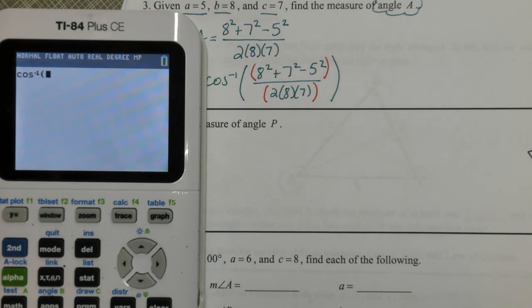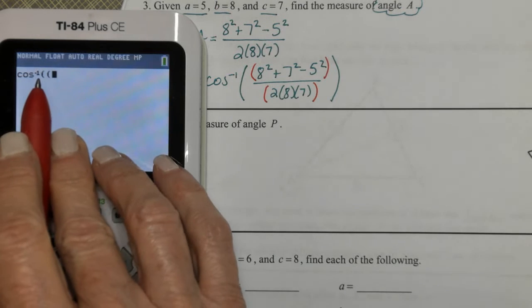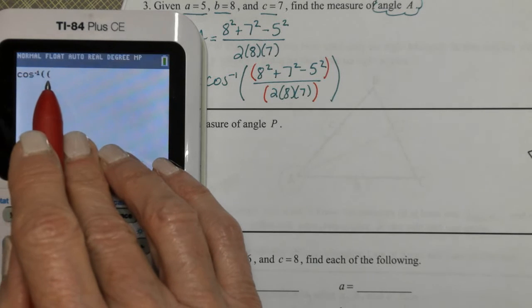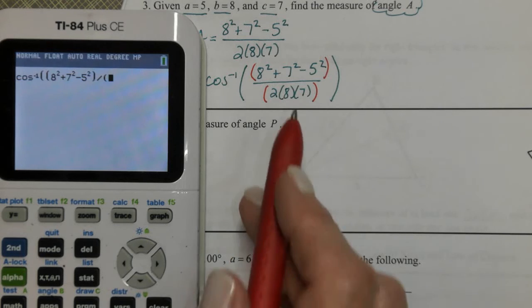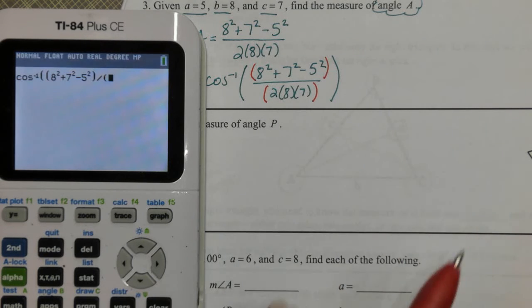So cosine inverse, and I'm going to insert another parentheses. I know they gave me a parentheses, but I need parentheses around my entire numerator. So 8 squared plus 7 squared minus 5 squared, close the parentheses around the numerator, divided by parentheses, because we're around the entire denominator, 2 times 8 times 7, close parentheses around the denominator, close parentheses for your cosine inverse.